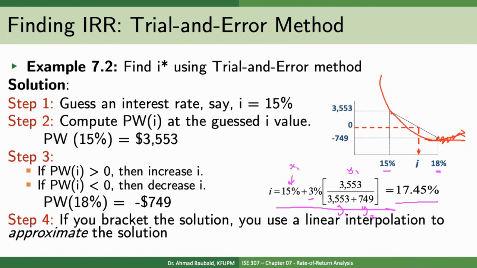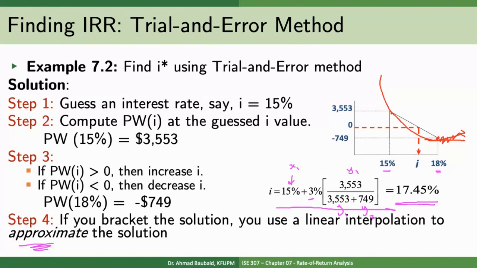Now again, just to make sure we all are on the same page, this is an approximation because the function may not be linear necessarily. But I can use this to evaluate the present worth at 17.45% and see what I get, right? If I get exactly 0 or very close to 0 within some tolerance, I can stop. If it's not exactly 0, or maybe it's still way off, I can interpolate again to get a more accurate estimate.